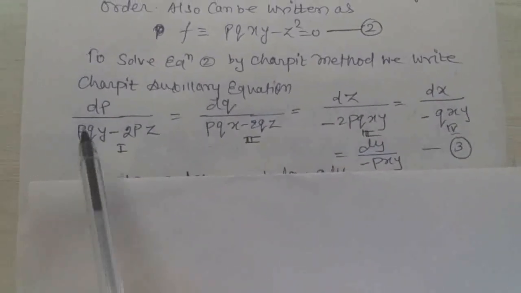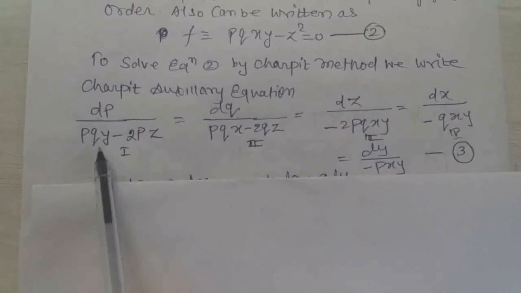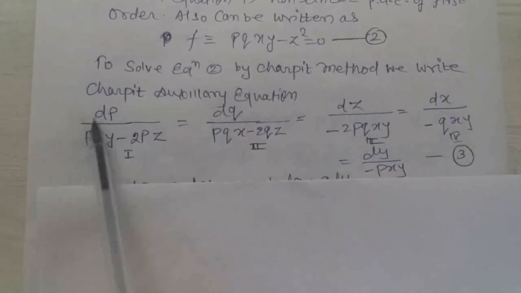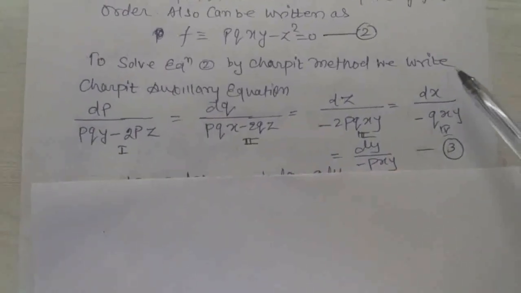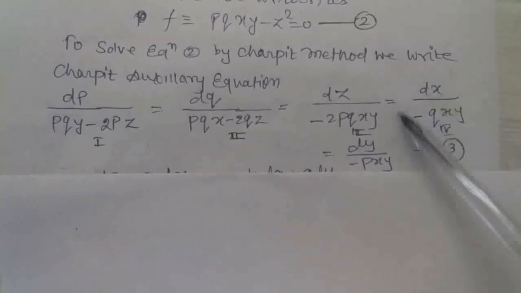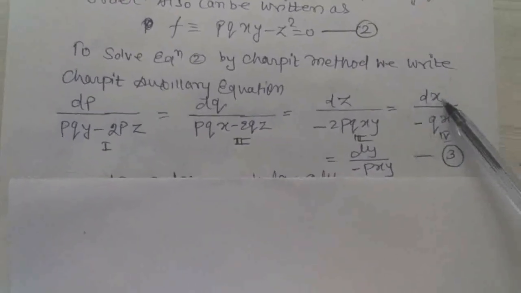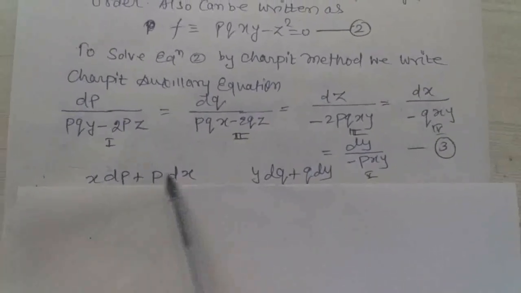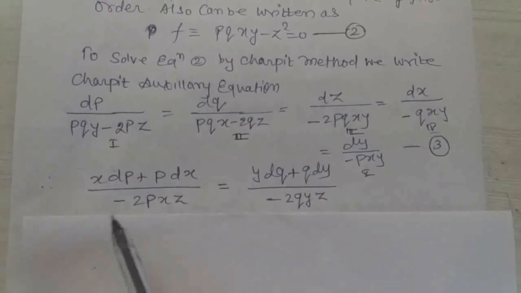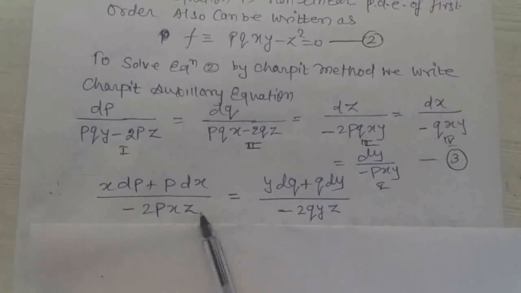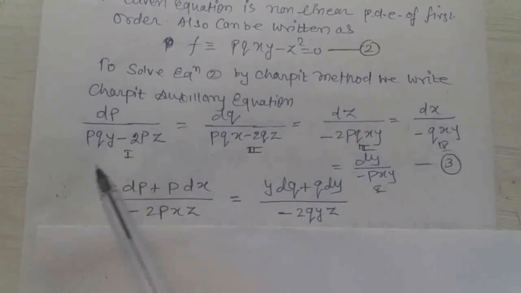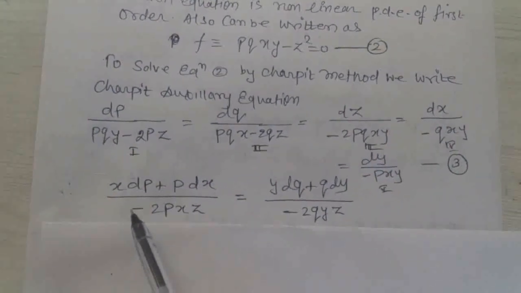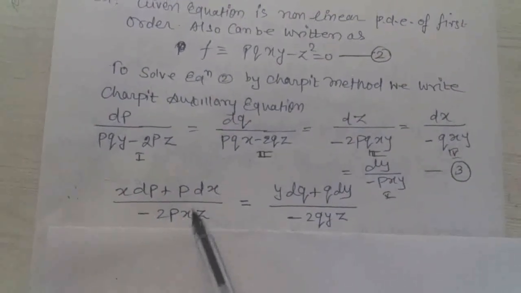That is, we multiply numerator and denominator of the first part by x and of the fourth part by p, and then adding we get (x dp + p dx) upon −2pxz after simplification of the denominator.